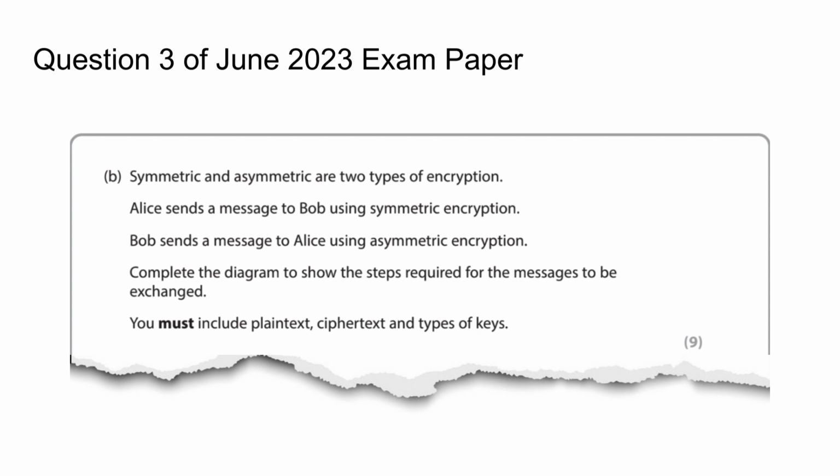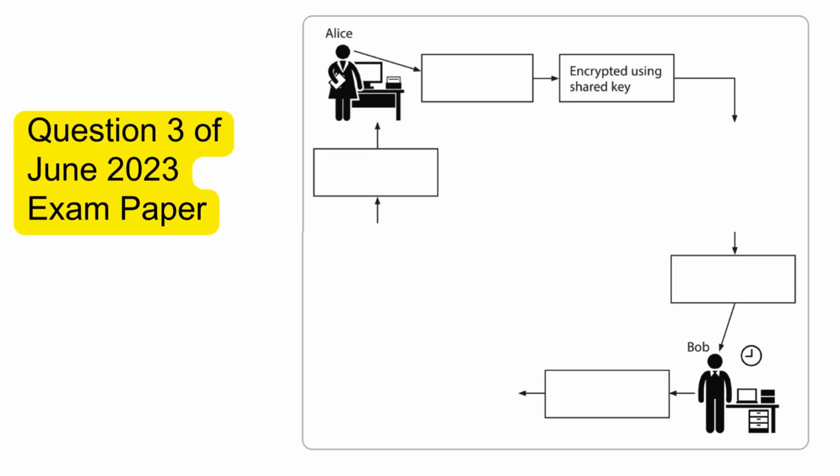Right, okay. Now we go again to the diagram. A partially drawn diagram like this one was provided on the question paper, right? And you are expected to fill the diagram correctly. So remember, as per the question, Alice uses symmetric key encryption to send her messages, while Bob uses asymmetric key encryption to send his messages.